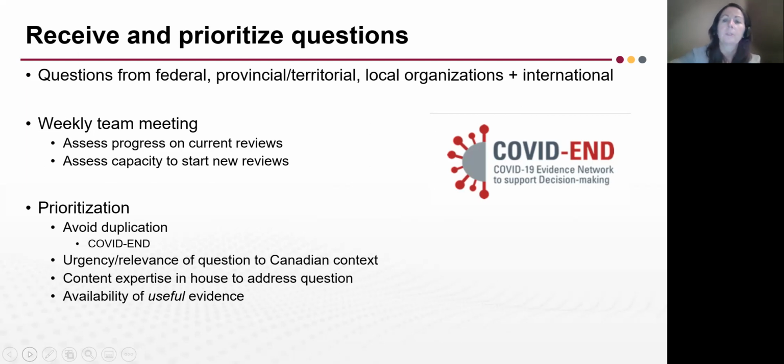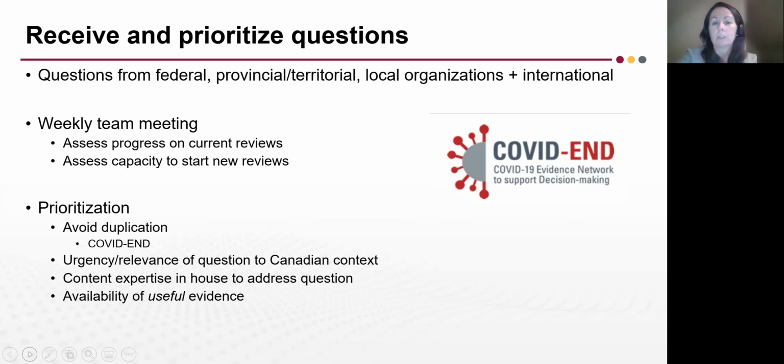We became a part of COVID-END, which is the COVID-19 evidence network to support decision-making of well over 50 organizations internationally. And we would reach out and search that network to see if a review was already completed, or was in the process of being done, before we would accept to do that review.